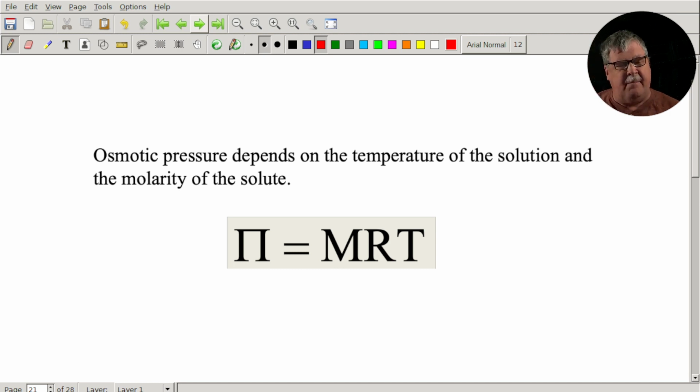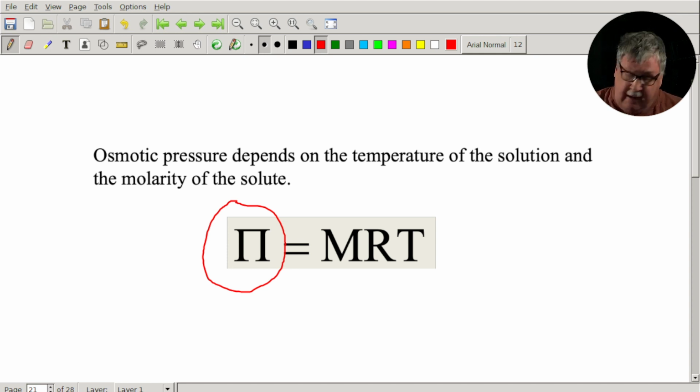Now, osmotic pressure depends on two things. This large Greek letter pi represents osmotic pressure. It's equal to the molarity of the solution times the universal gas constant R times the absolute temperature of the solution.